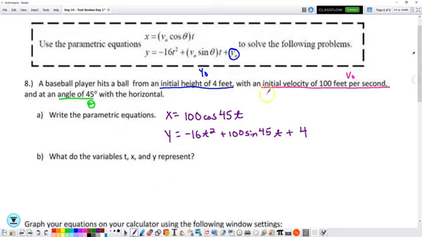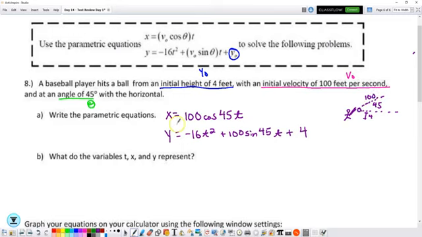Well, first off, let's just make a little quick note. The reason we want to remember the reason this is cosine, like we have a baseball player. Here's the baseball player. Here's the bat. Here's the ball. And he is hitting this ball 4 feet above the ground. And he's hitting it at an angle of 45 degrees, and it has a velocity of 100 feet per second.